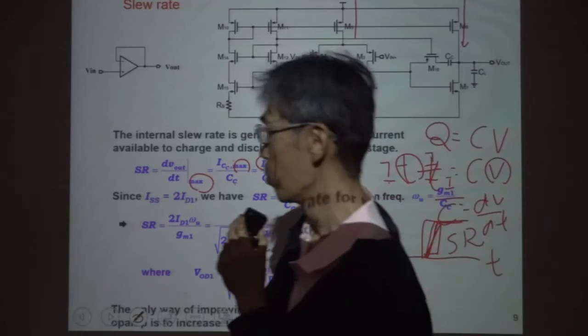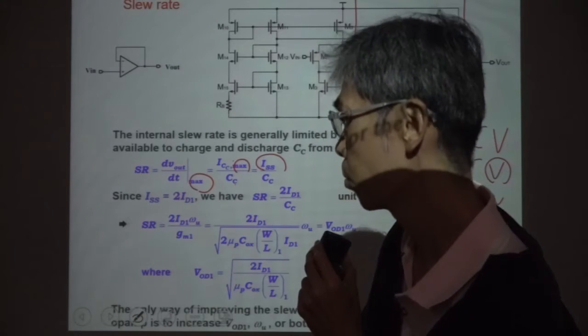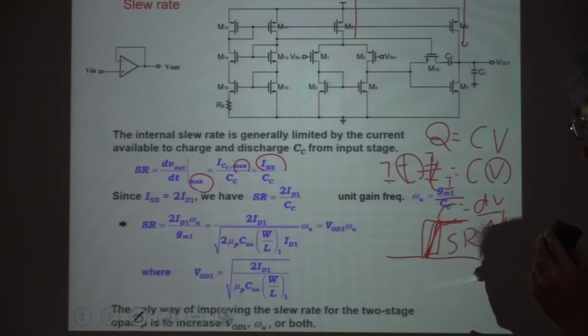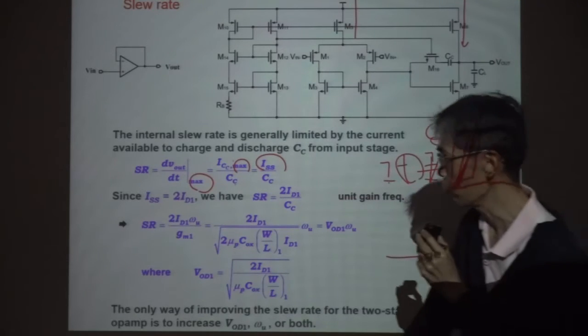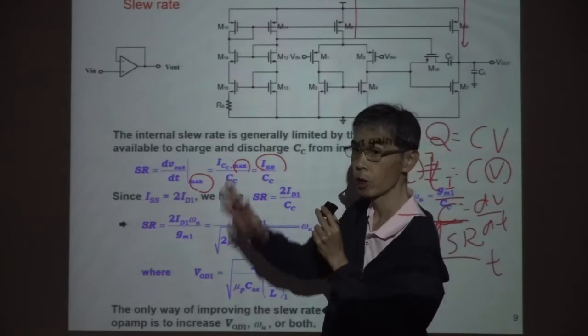The only way of improving the slew rate of the two-stage op amp is to increase VOD1, omega U, or both. See, we want to increase slew rate because we want the output to catch the input.